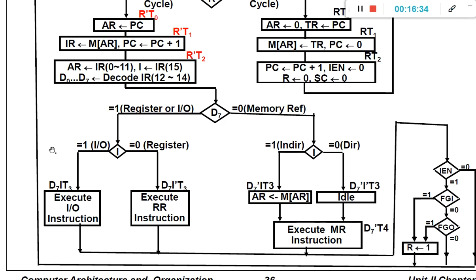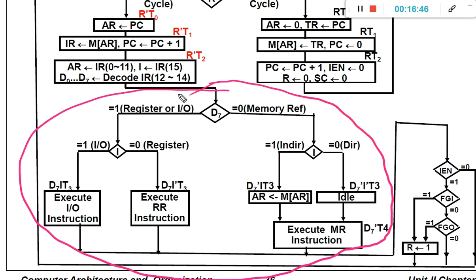This diagram is the flowchart for the types of instructions, and this is the diagram for interrupt. This is the diagram to find out whether to continue the instruction cycle or go for the interrupt cycle. So that also we have included.